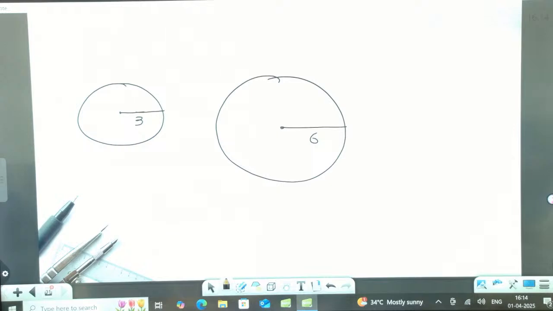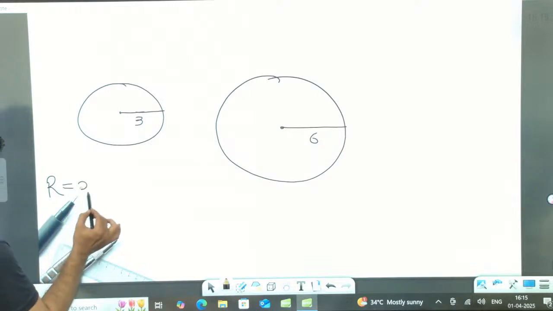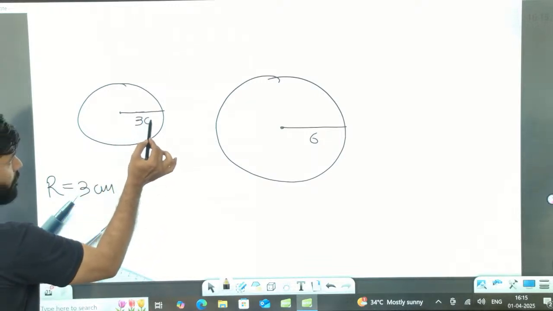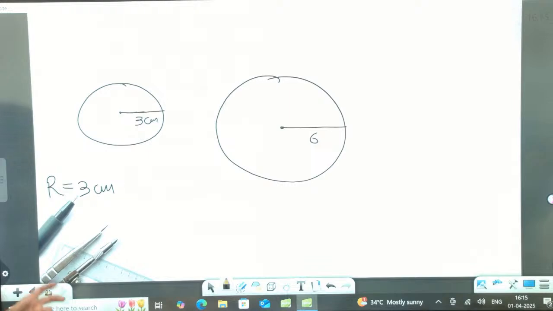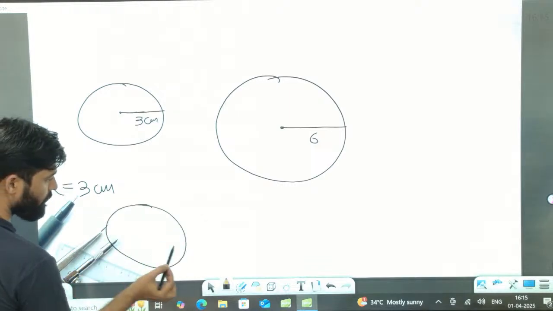First of all, similarity is asked in triangles, but I am giving you a bigger vision so that triangle similarity will be taken care of. If I want to place another circle of this size on this circle, what will be the radius? 3 centimeters, obviously.